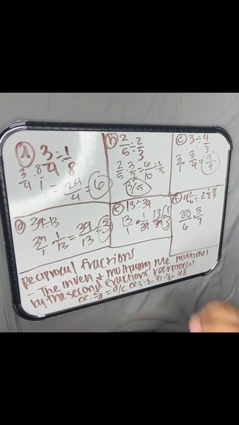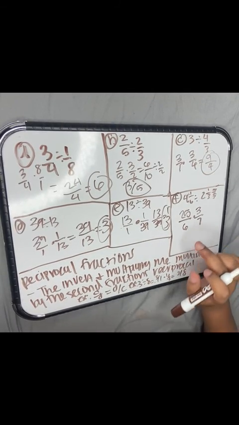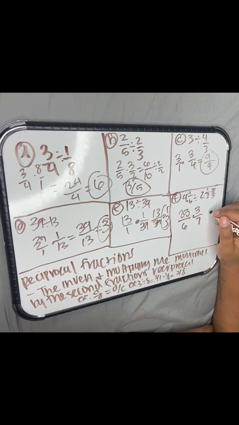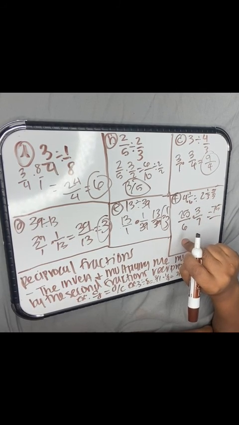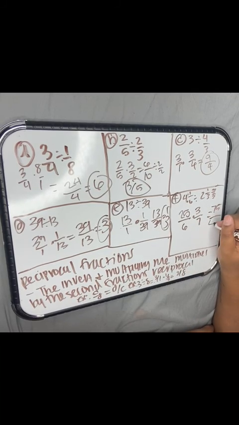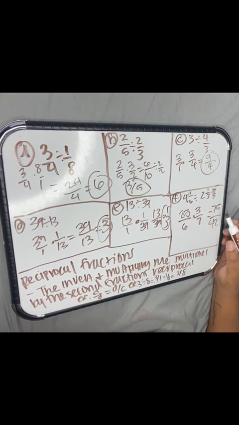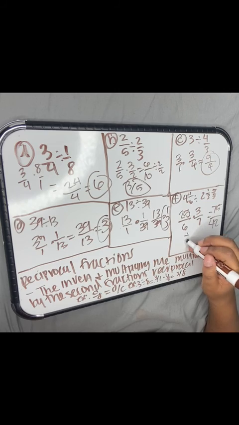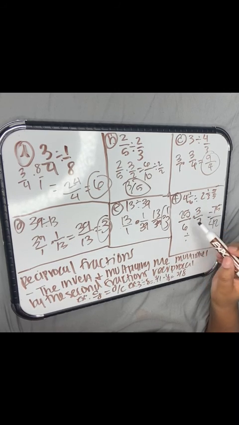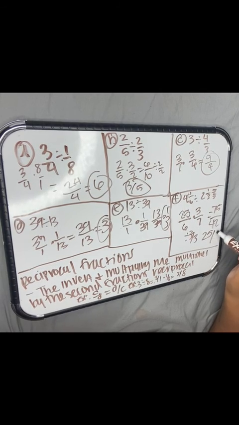And so then we just multiply 25 times 3 and 6 times 7. 25 times 3 is 75, of course, and 6 times 7 is 42. And that can be simplified, divided by 3 over 3, which will give us 25/14 as our final answer.